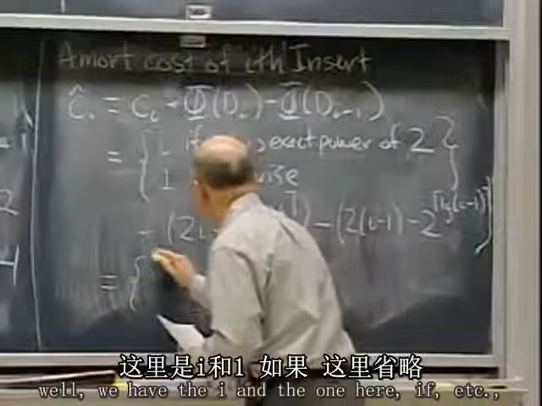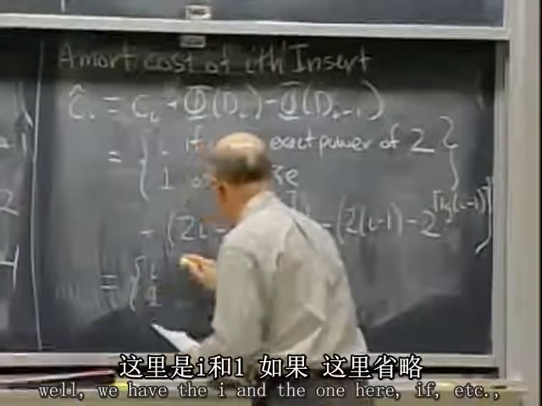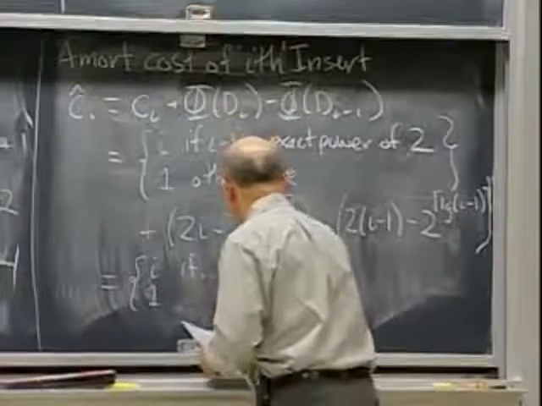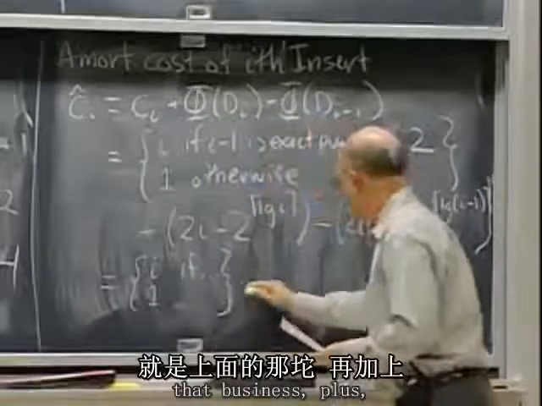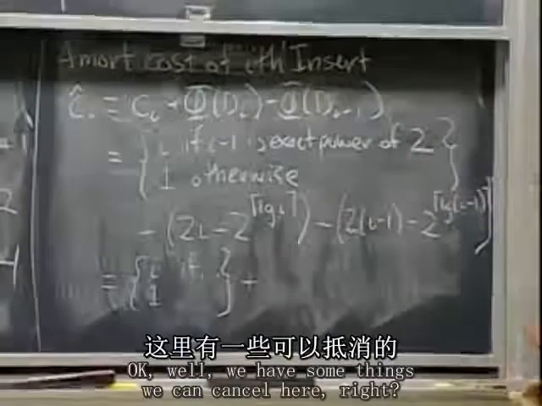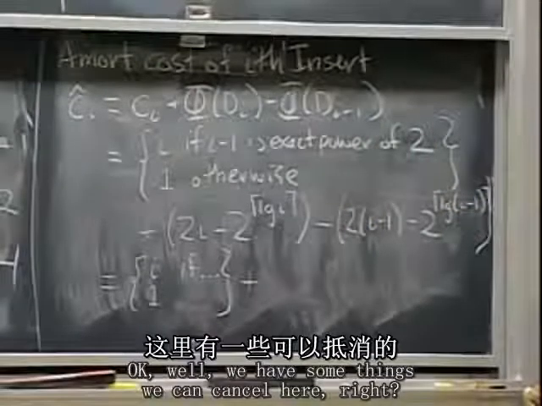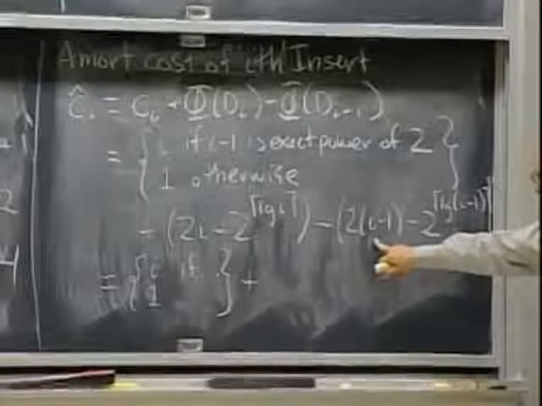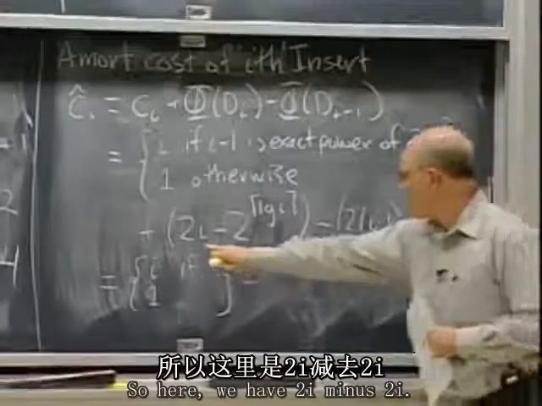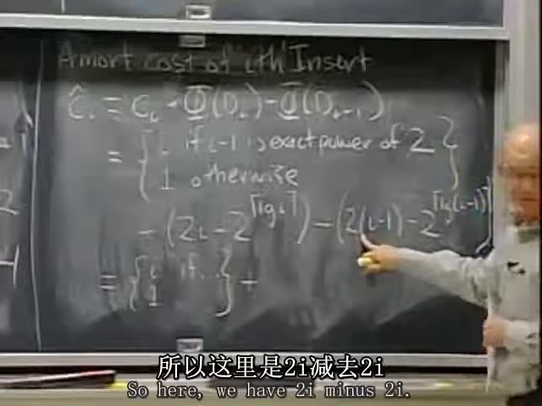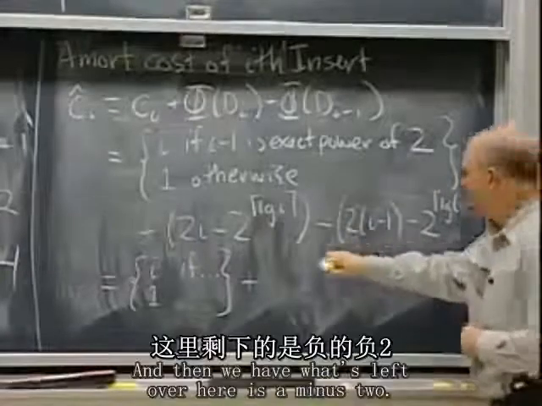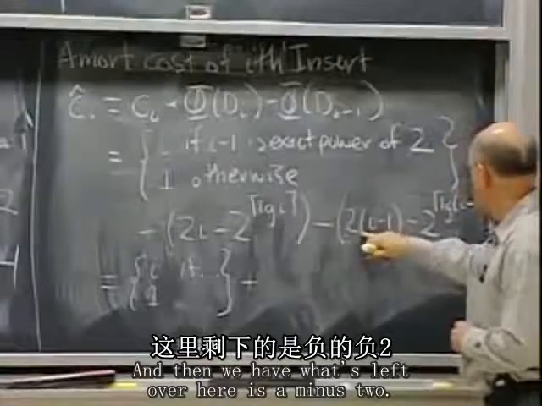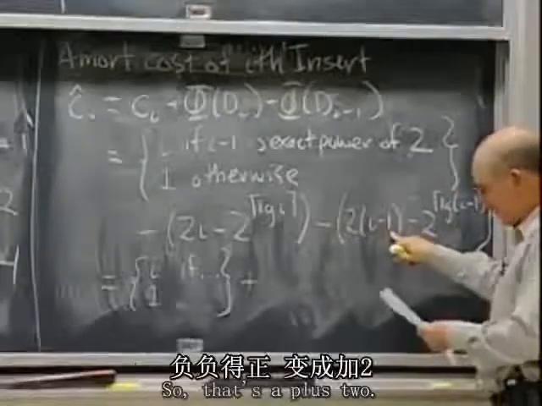well, we have the i and the 1 here, if, etc. That business, plus, okay, well, we have some things we can cancel here, right? So in particular, this stuff we can cancel, right? So here we have 2i minus 2i. That cancels. And then what's left over here is a minus 2, so that's a plus 2.